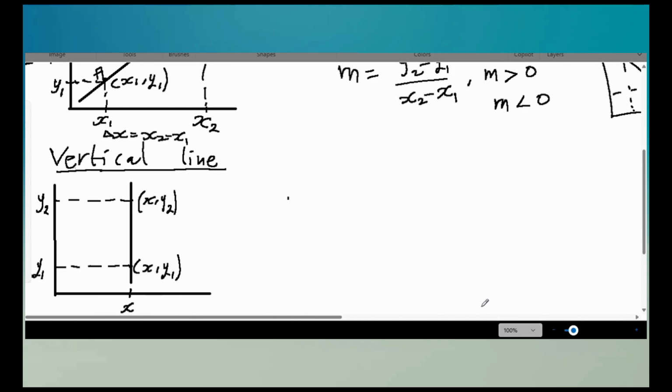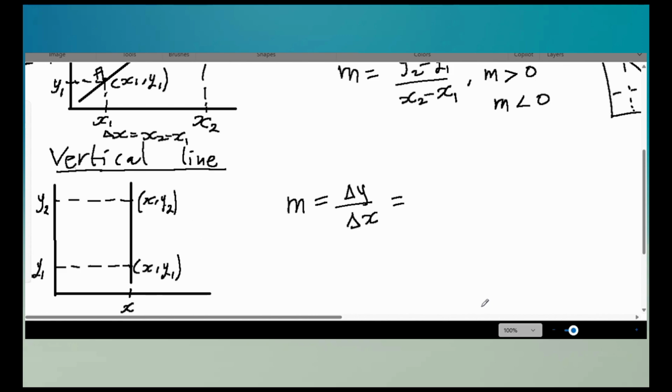Considering the formula for the gradient, which says that m is equal to change in y all over change in x. If I want the change in y, it is very easy. That is going to be y2 minus y1 as we have above, right?